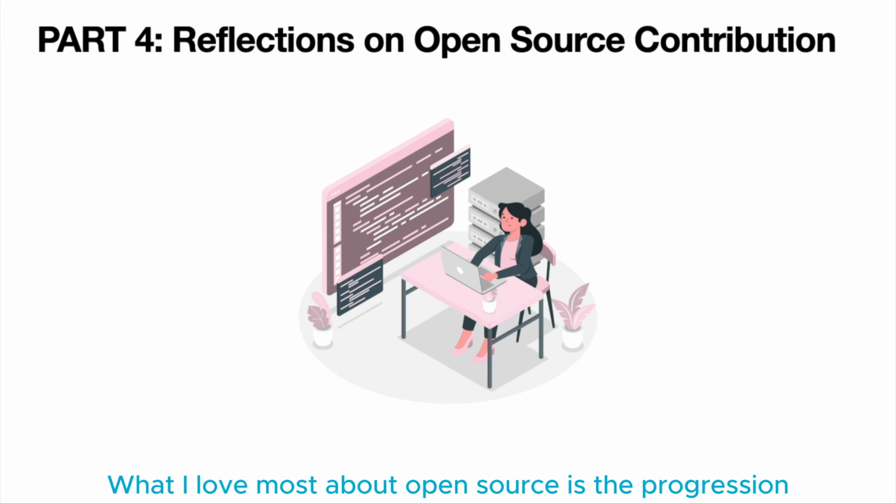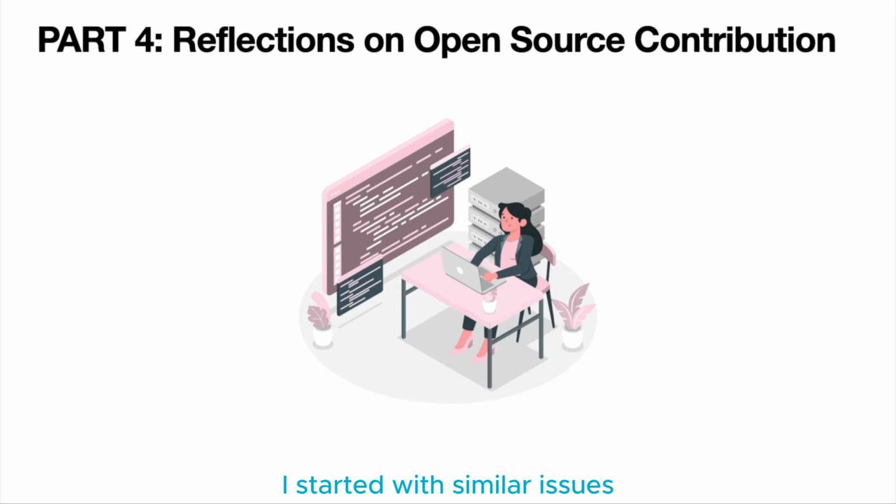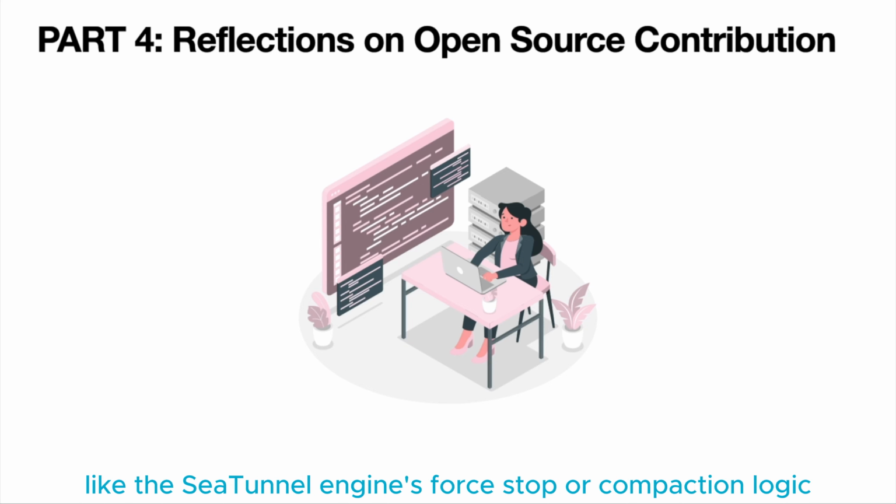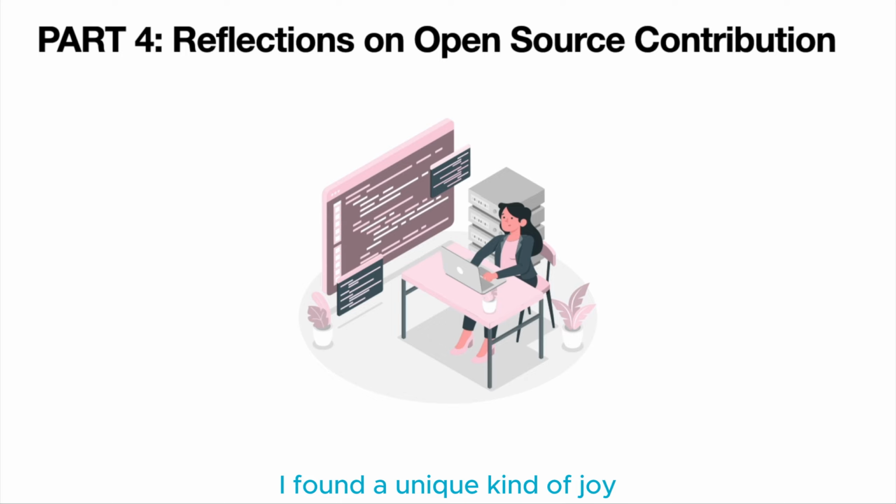What I love most about open source is the progression. I started with smaller issues, but as I moved on to more complex problems, like the Zeta engine's force stop or compaction logic, I found a unique kind of joy. The harder the problem, the greater the satisfaction when I solve it. And what makes it even better is collaboration.